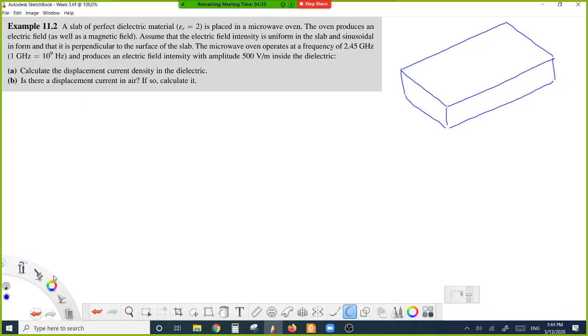And we assume that the electric field intensity is uniform and directed perpendicular to the surface of our slab.